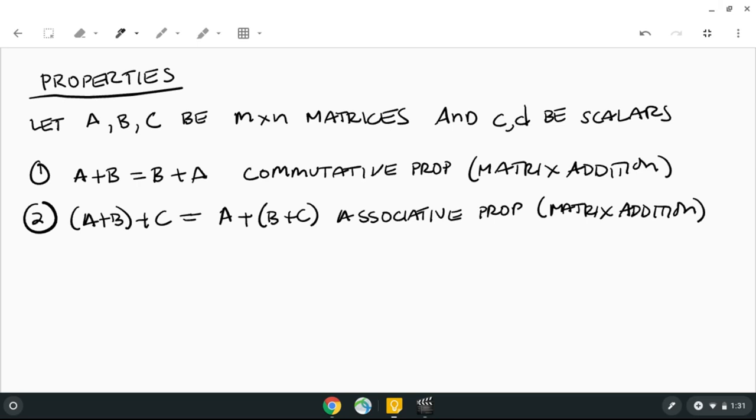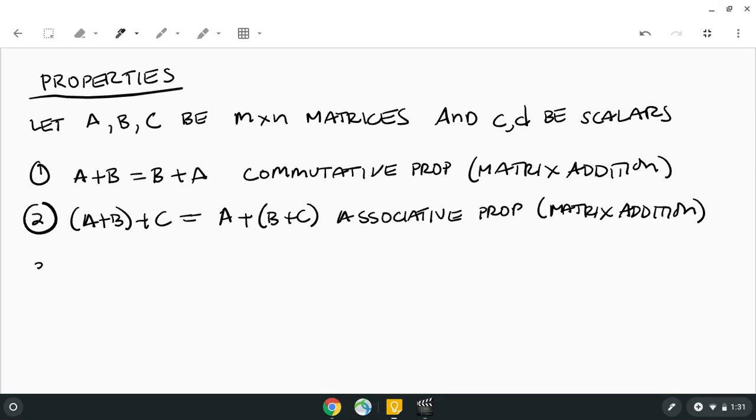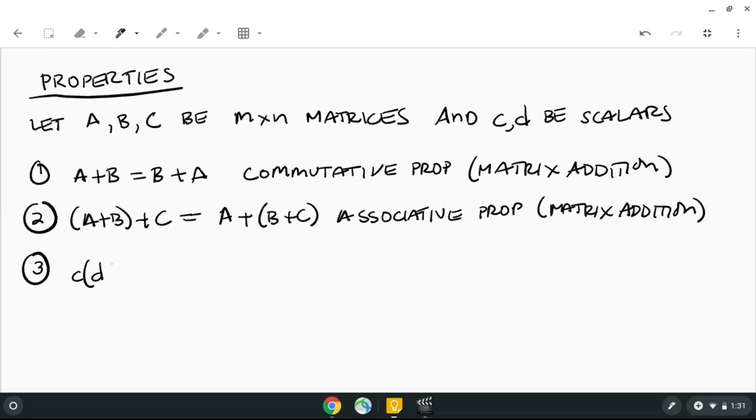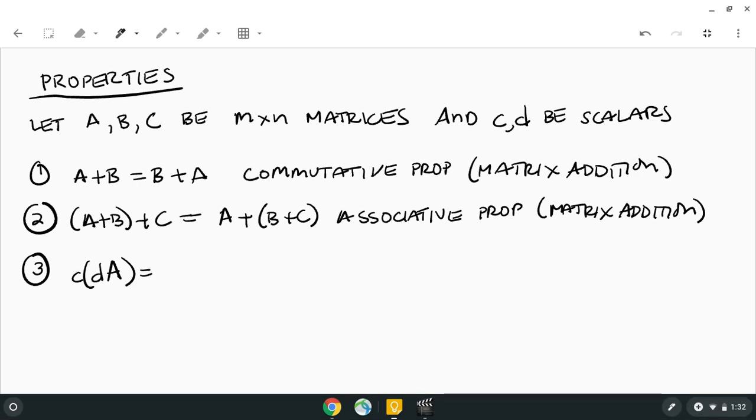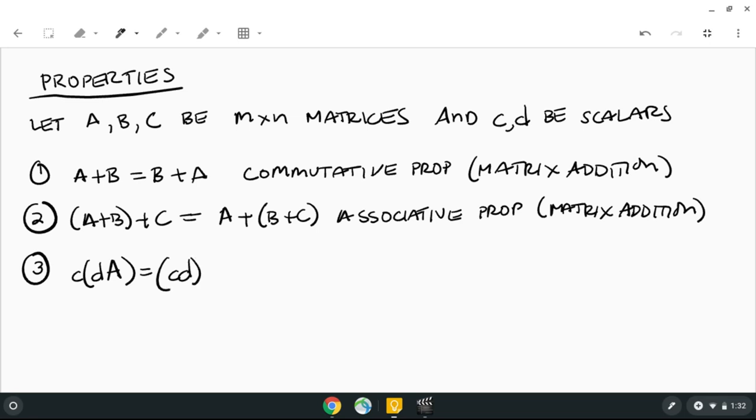And then we also have this one here. If you do little c times lowercase d times capital A, that's going to be the same as doing c times d first, and then multiplying the matrix.